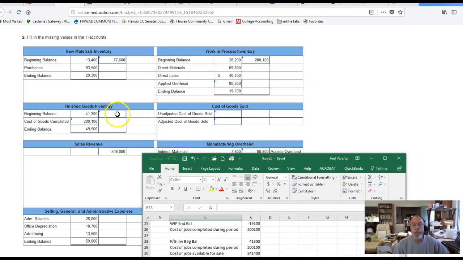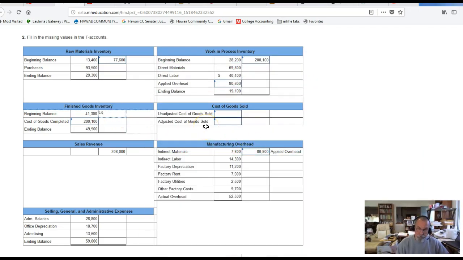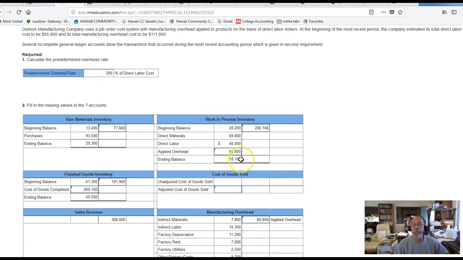And so if we show our credit to finished goods, 191.9, and when we sell product, where does the cost end up? The cost ends up in cost of goods sold.